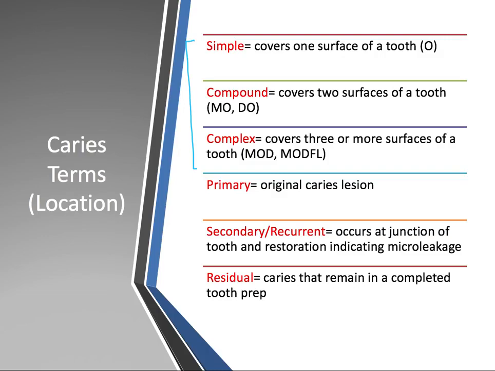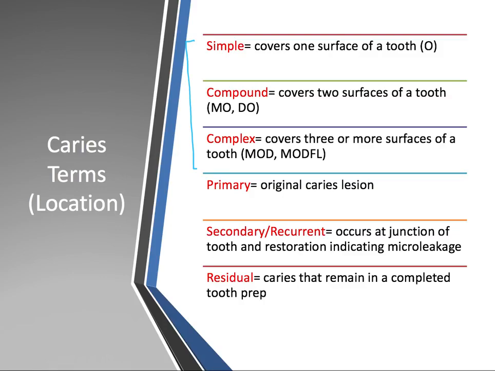This is important to distinguish from residual, which seems like the same thing at first, but it's distinctly different. So residual caries, a residual lesion, refers to caries that remain in a completed tooth prep. That means we did the preparation, and immediately after that preparation's done, there's still caries there. That lesion was not completely removed.